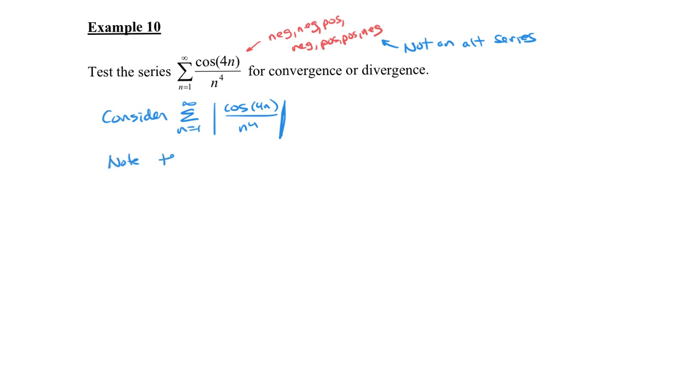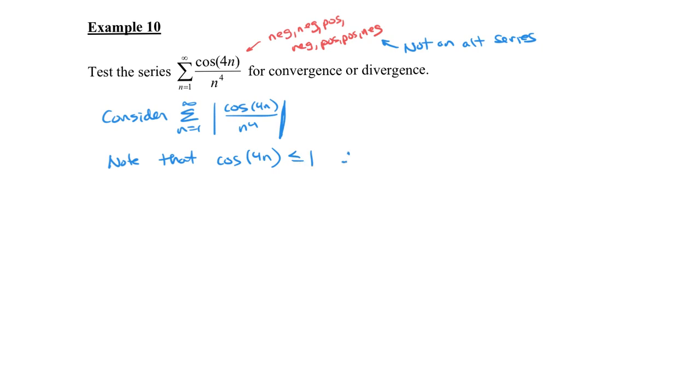So let's note that cosine of 4n is less than or equal to 1, right? I can plug anything I want in here, but the cosine function is stuck between -1 and 1, right? The range of cosine is -1 to 1. So no matter what I plug in here, it's going to be less than or equal to 1.